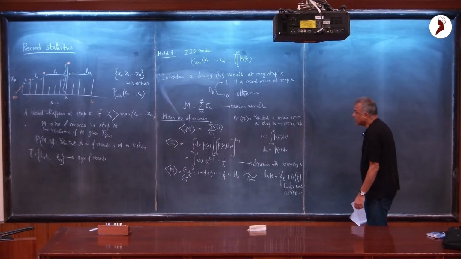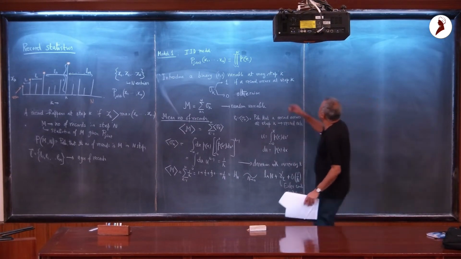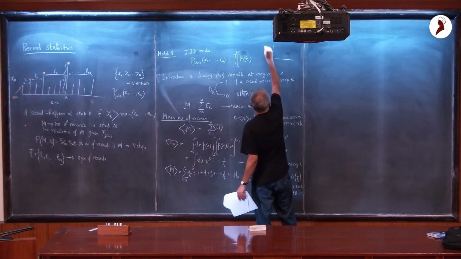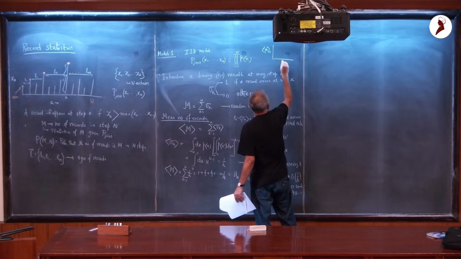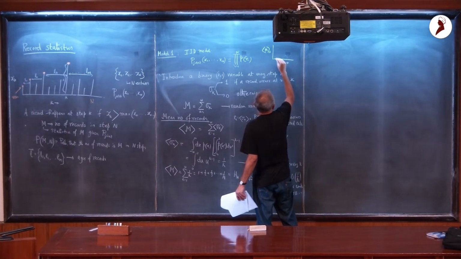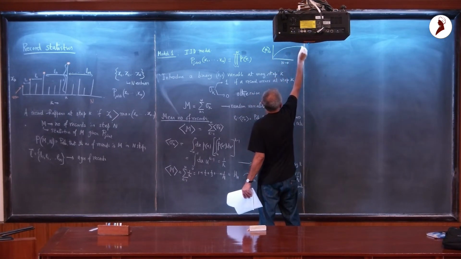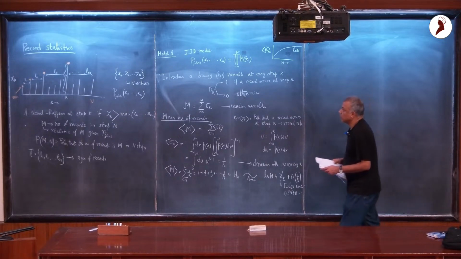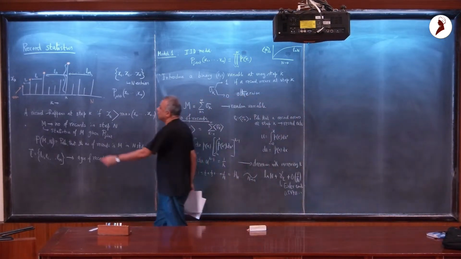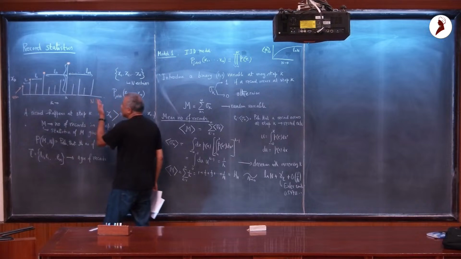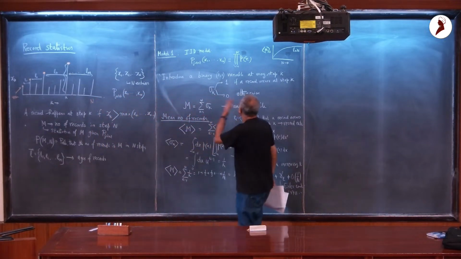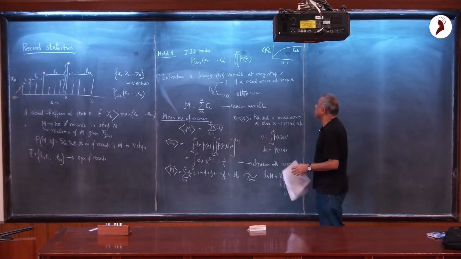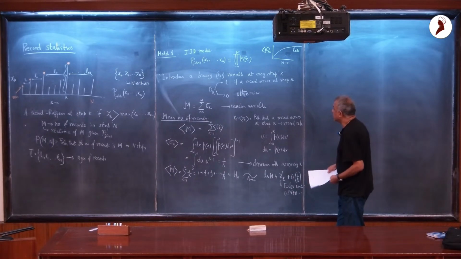So if you plot average Mn versus n, it increases like log n, very, very slowly. If the record was broken at every step, that would have gone linearly with n, but this actually increases very, very slowly as log n. Okay? So this is the mean.